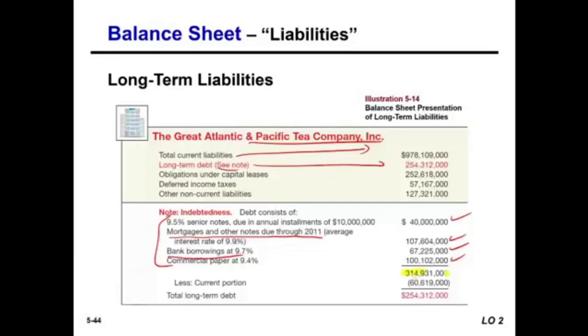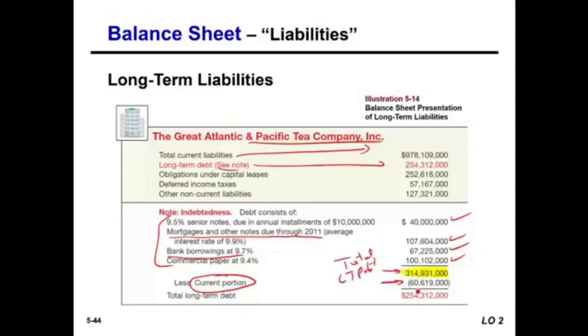Now, this is your total long-term debt. After you calculate your total long-term debt, you deduct the current portion. This is the current portion of the long-term debt. So the total debt that this company owes is $314,931,000. This is the total long-term debt.